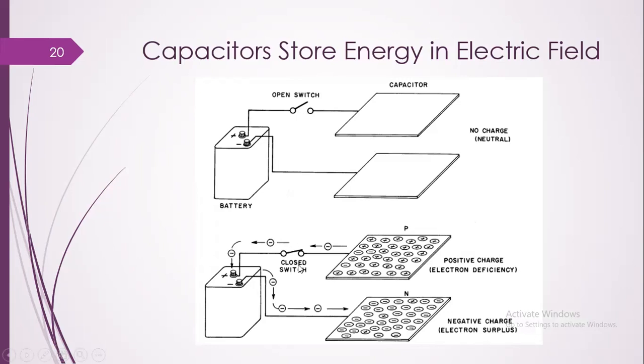So if we close the switch this way, then the charge flows from the negative terminal of the battery and stores electric charge. It also places the opposite charge on the plate connected to the positive terminal of the battery. After the closing of the switch, the negative charge also completes the circuit in this way.